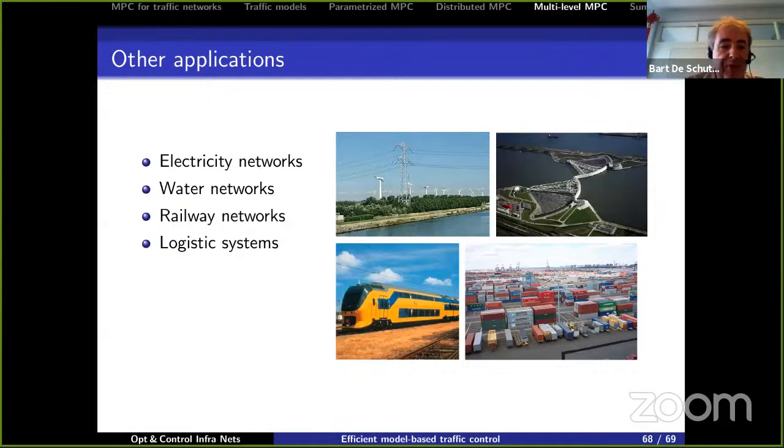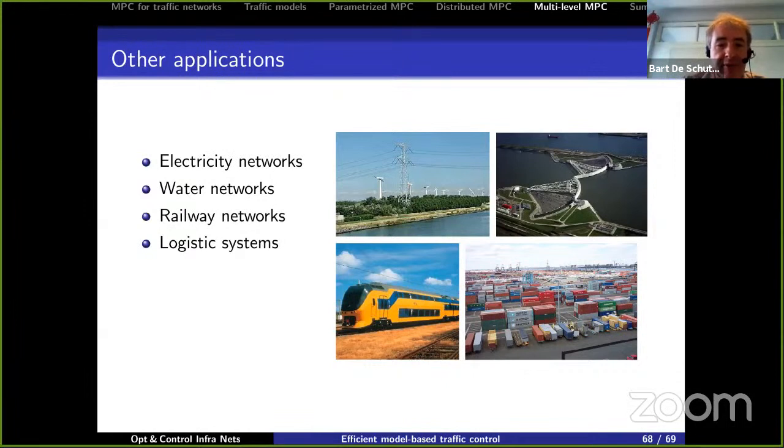Typically what we have is a network where a commodity is moving. The commodity in this presentation today were cars, but they could also be electrons or water molecules or trains or packages.